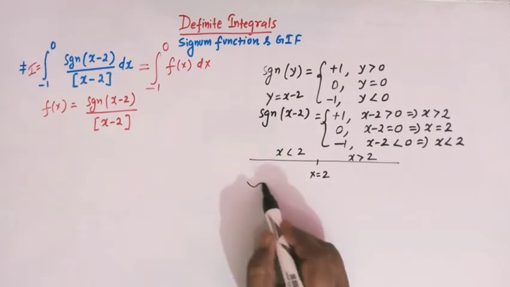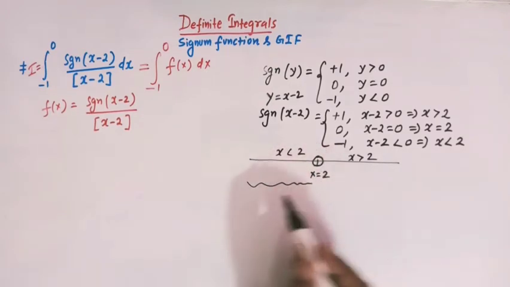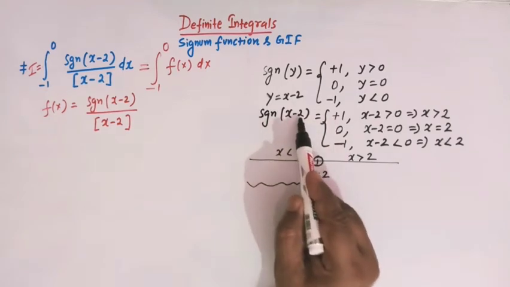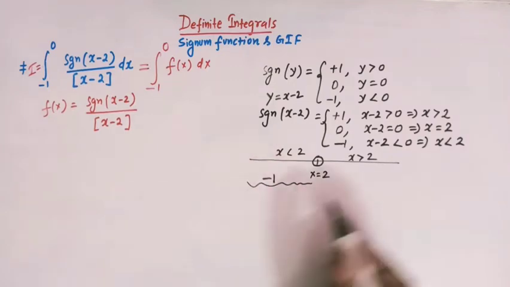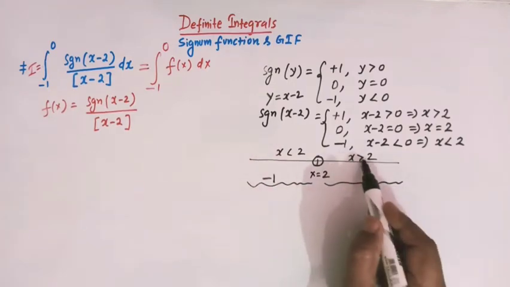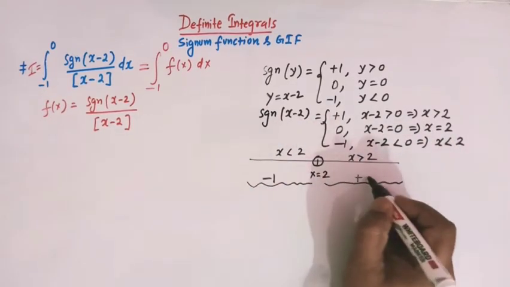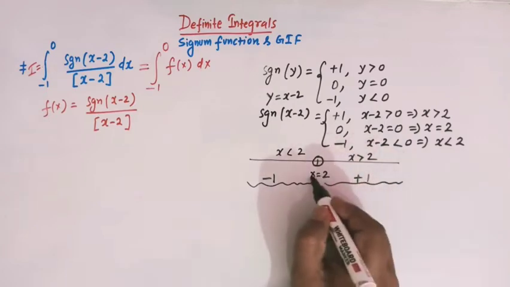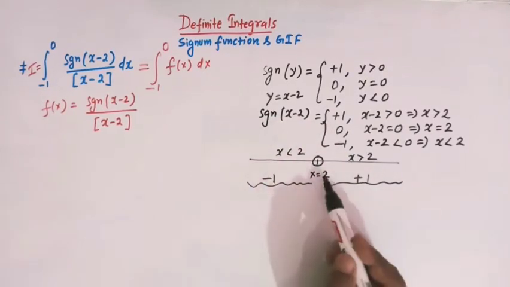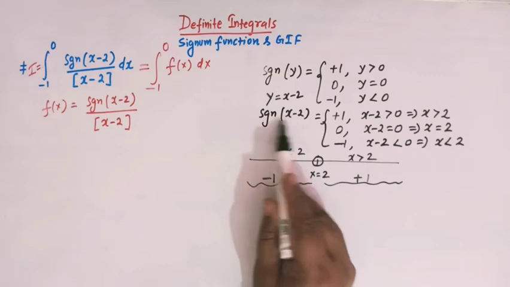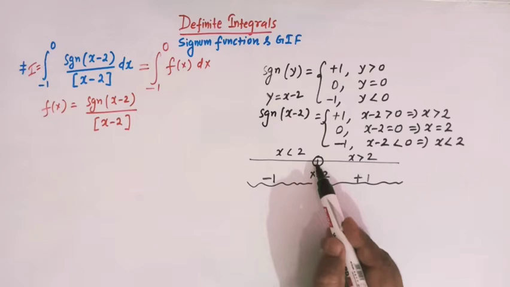So in this part, excluding x is equal to 2, the value of signum of x minus 2 is -1. In this part where x is greater than 2, signum of x minus 2 takes +1 value. And for x is equal to 2, signum of x minus 2 is equal to 0.